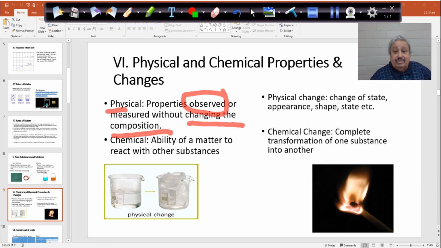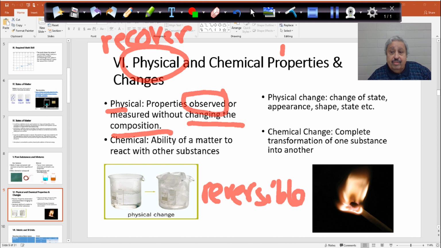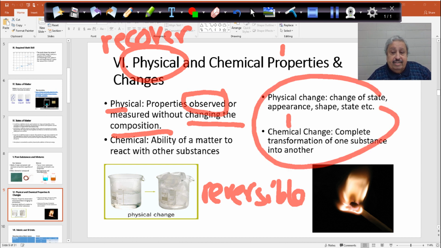In a physical change, you can recover the matter itself. They call it reversible. So the chemical change is irreversible, or not reversible.